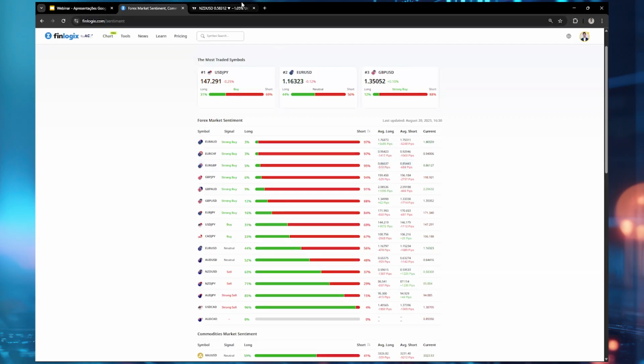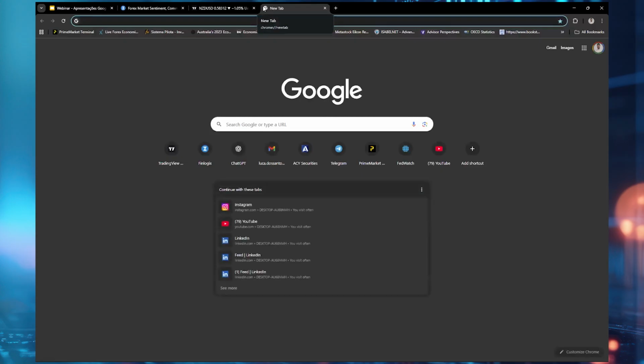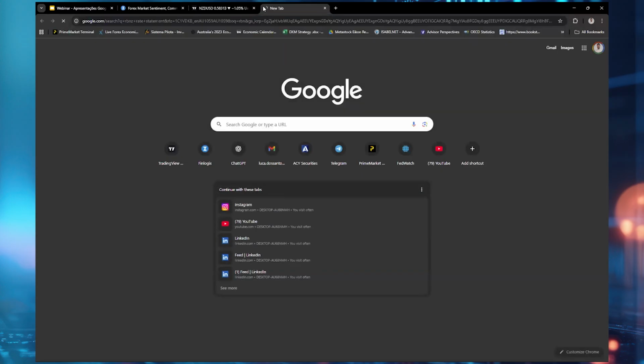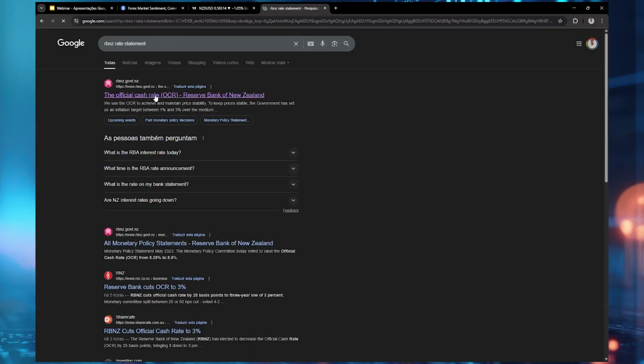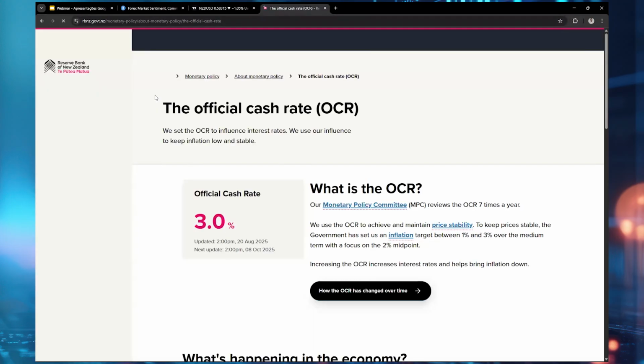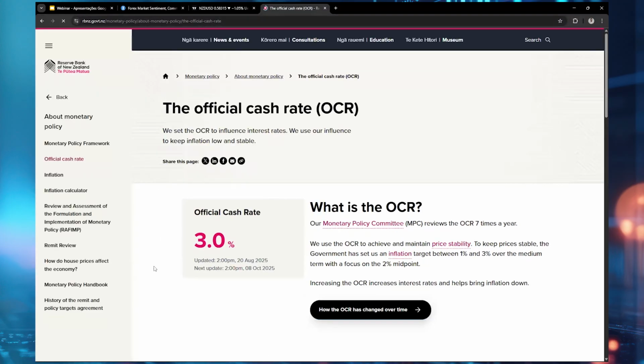Okay, cool. Now, let's try to understand a little better the RBNZ. The official cash rate, the OCR, was at 3.25% and now is at 3%. So there's a 25 basis point cut.